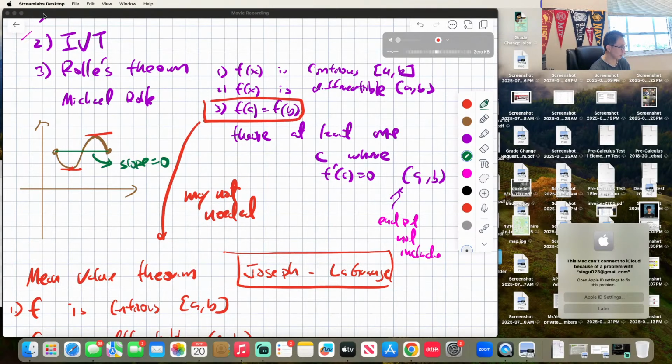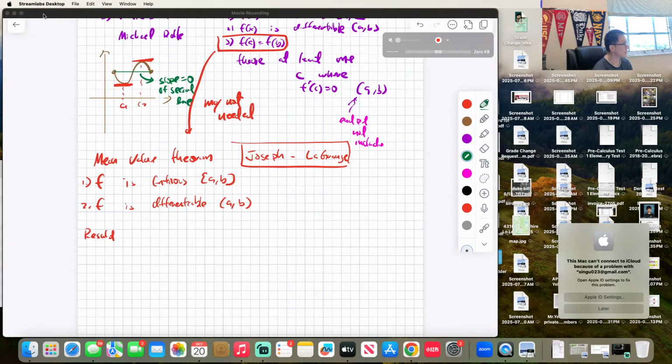Slope is equal to 0. But this red line is equal to the green line. In this case, it happens twice. It could be 3 times, 4 times, 5 times, but it's not at the endpoints. But this is the slope of what? We know it's the secant line. Slope of secant. Can I just focus on the slope of the secant line?